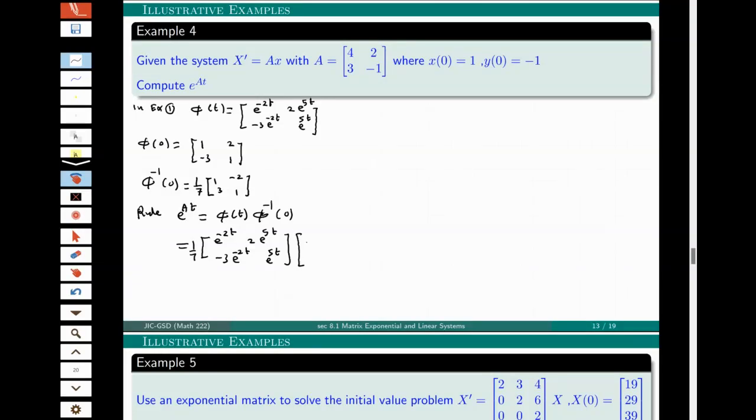So I'll put 1/7 here, times the matrix with rows 1, minus 2 and 3, 1.